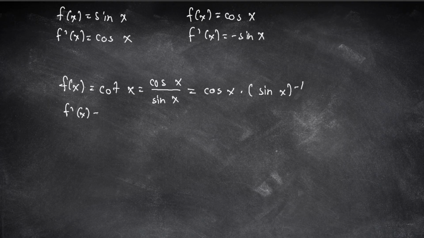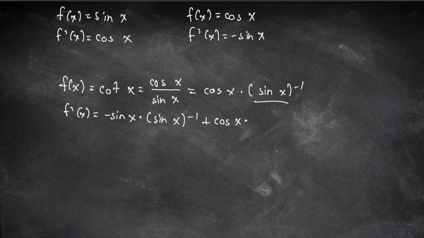Take the derivative of this. The derivative of the first one, the derivative of cosine, is negative sine, multiplied by the same thing of the second, plus keep the first one the same, and then the derivative of our second.